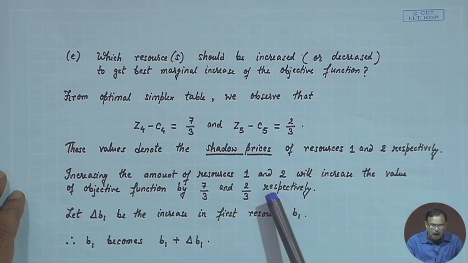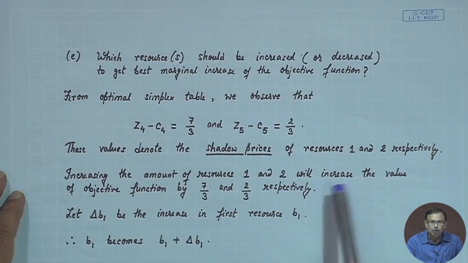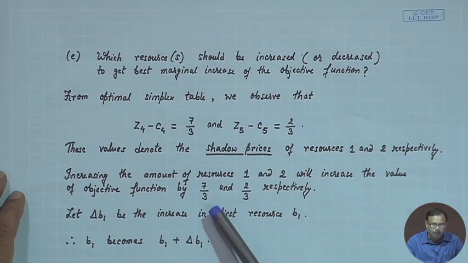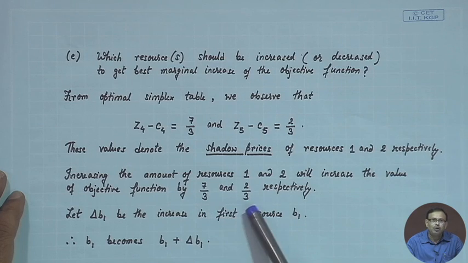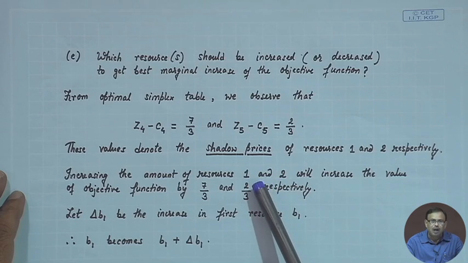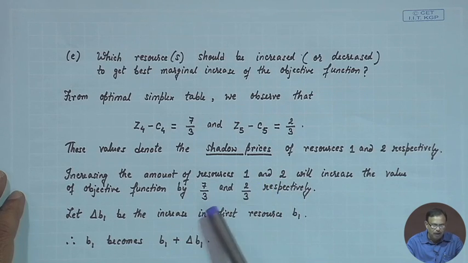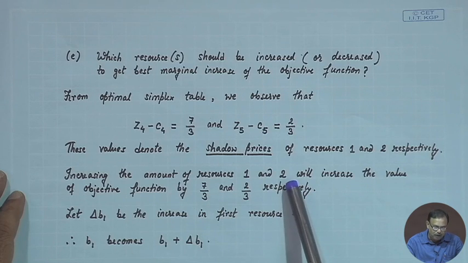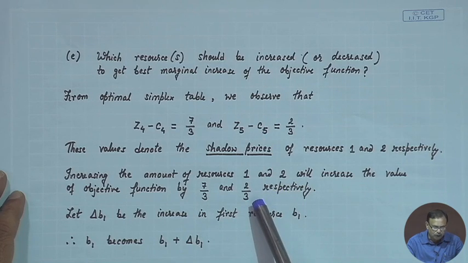These are positive values. Increasing the amount of resources 1 and 2 will increase the value of the objective function by 7 by 3 and 2 by 3 respectively. So, if I increase resource 1, the objective function will increase by 7 by 3, whereas for resource 2 it will increase by 2 by 3.